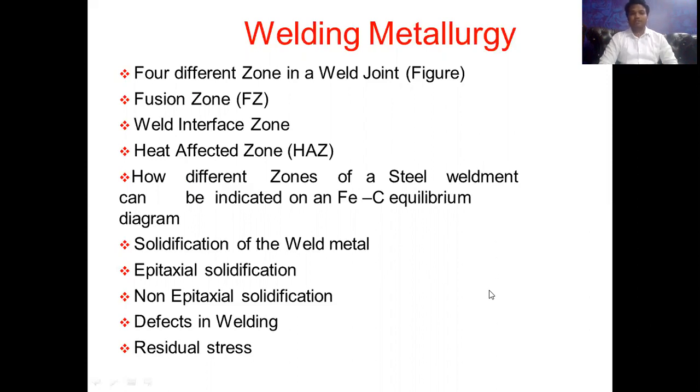How different zones of a steel weldment can be indicated on an iron carbon equilibrium diagram, solidification of the weld metal, epitaxial solidification, non-epitaxial solidification, defects in welding, and also the residual stresses.